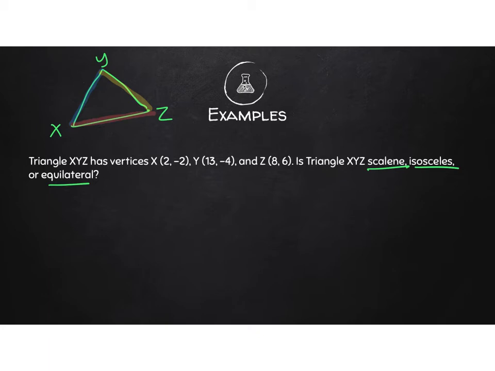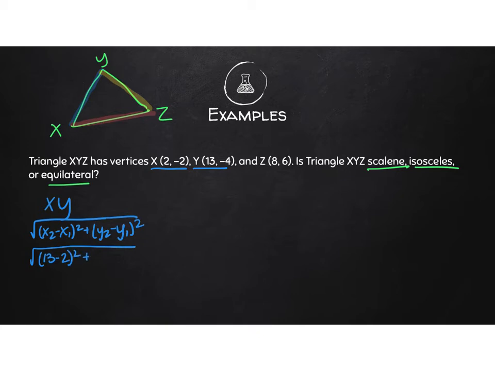All right, let's start by finding XY. So we're going to use X and we're going to use Y. Use our distance formula, (x2 minus x1) squared plus (y2 minus y1) squared. We're going to substitute in our values. Let's call x2 13. So if we have 13 minus x1, which is 2, squared, plus y2, which is negative 4, minus negative 2 squared.